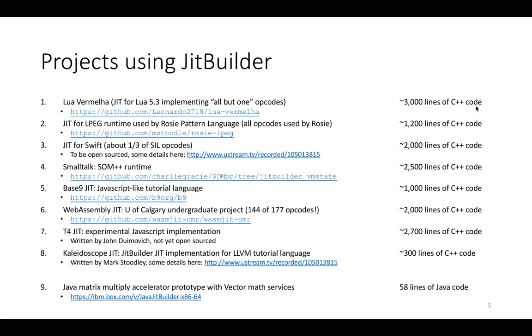A very cool one that I just watched the final project report for, actually just before this meeting, is a WebAssembly JIT that was created at the University of Calgary using JitBuilder.